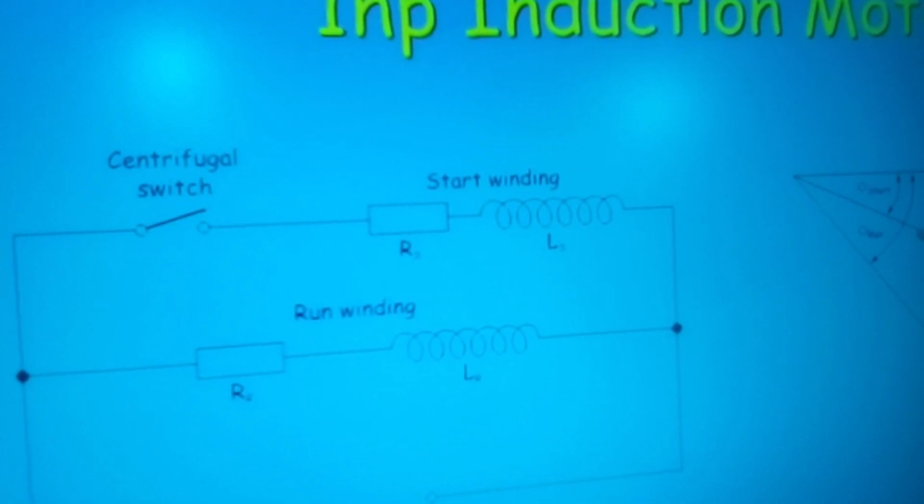So your start would be here, lagging your supply voltage by so many degrees. Your run will then also be lagging your supply voltage by so many degrees. It is this lagging voltage that causes a cycle, an inductive cycle, that causes the motor to rotate.